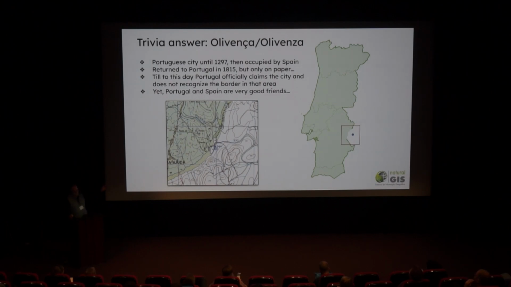So if you grab a topographic map, for instance, you see that the symbols that define the international border along that river, at some point stop showing. Still, they are not killing each other for a piece of land.